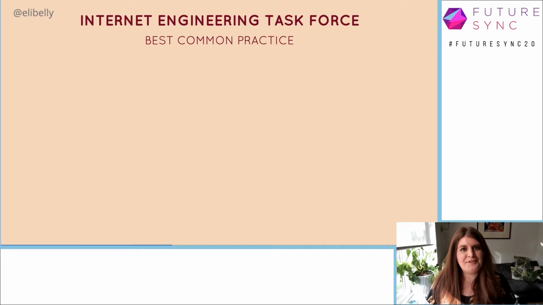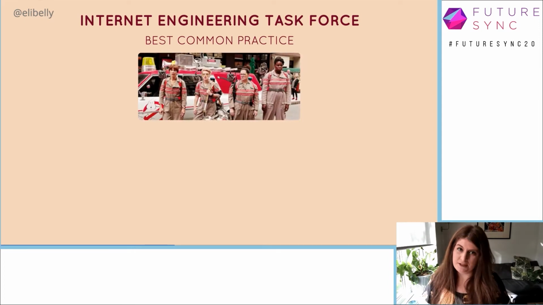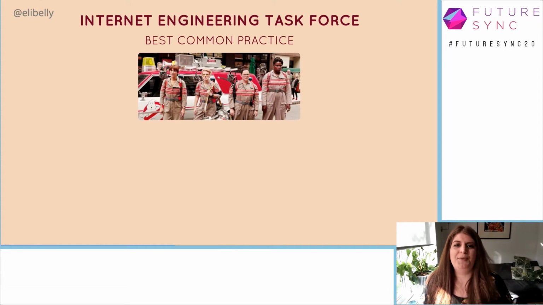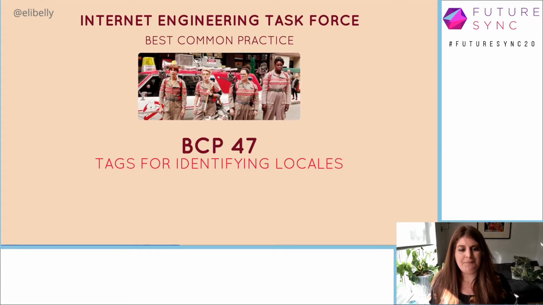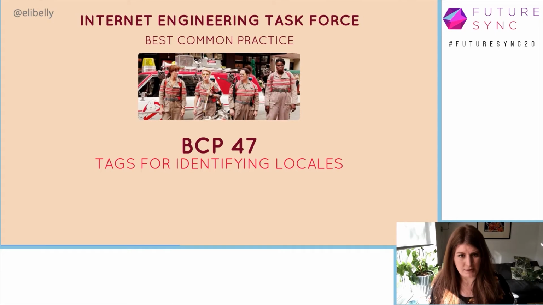Now, the next thing is that there's something I found out that exists called the Internet Engineering Task Force, which I think is so cool, and I kind of hope they look like this, but, you know, a girl can dream. They publish these things called Best Common Practices, which are like standards. An important one here is BCP47, which describes tags for identifying locales.